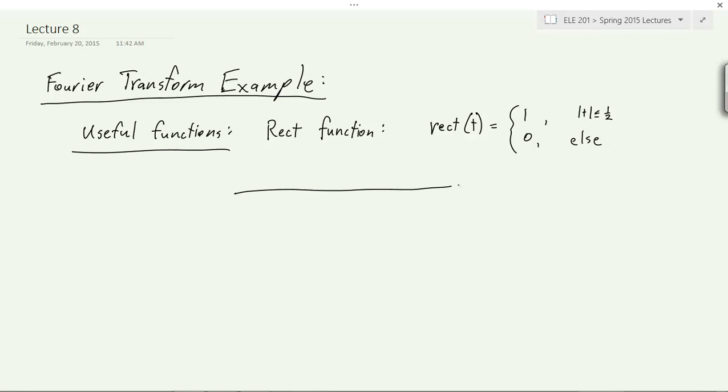So it's just this very simple function like this. Little rectangle, right? Now, the area under the integral of this function is 1, so it's a nice unit function.